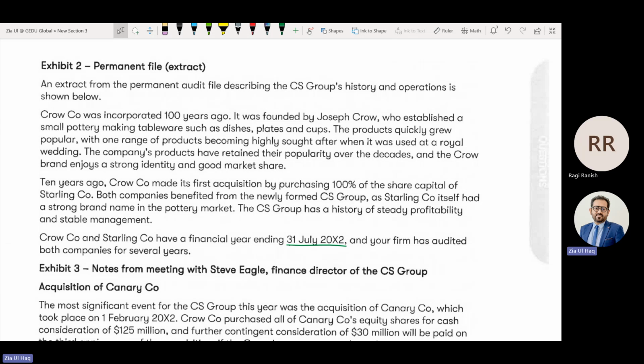So this is information about the company and how the group was formed, having no impact on our risk of material misstatement. This is just to waste your time while sitting in the exam center, so that when you read the first line, you think you didn't understand and read it again and again. So just ignore it. Just read once and move forward.